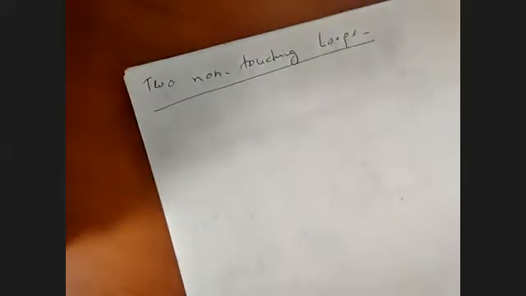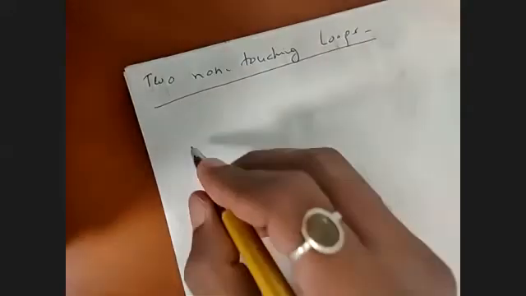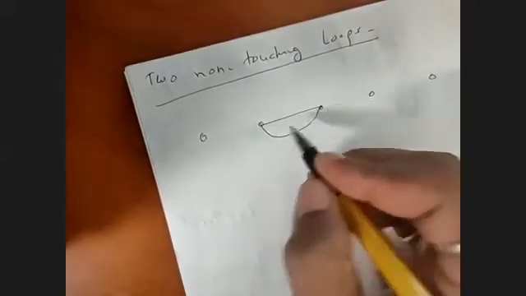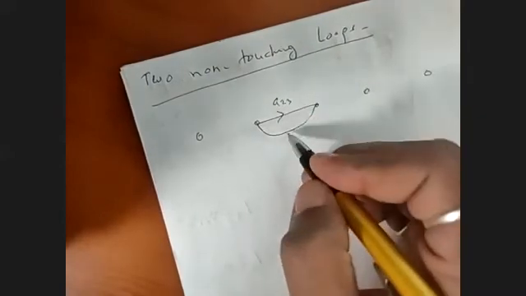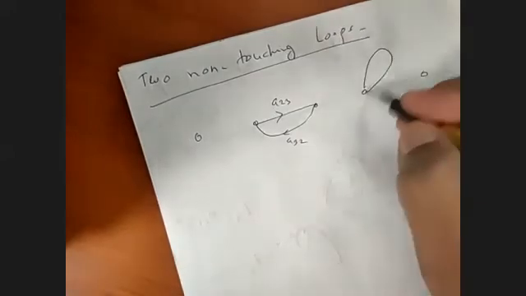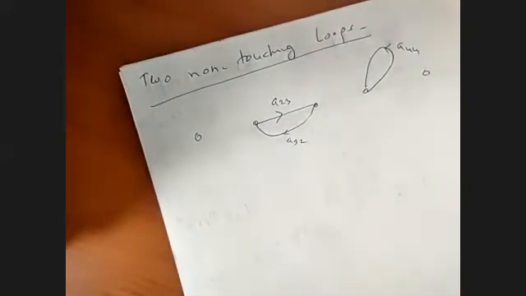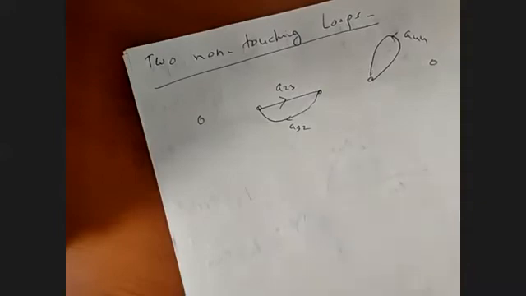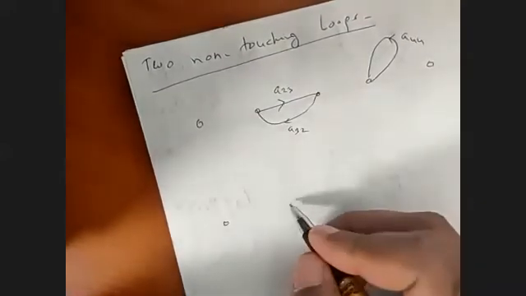Two non-touching loops are the loops which do not share any part with each other. So in this system, we have one loop that is this, and these are the two loops which are not touching each other. So this will be my pair 1. Then I have another combination.